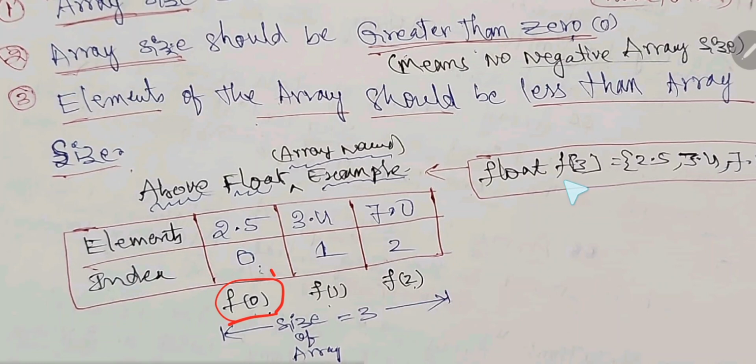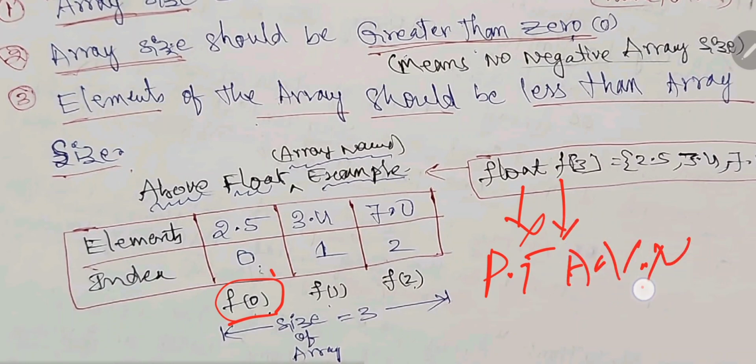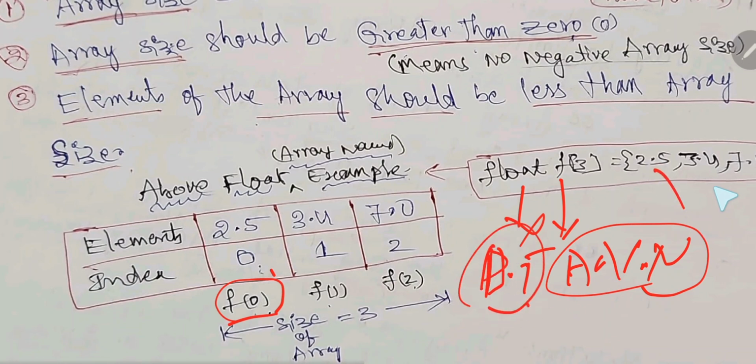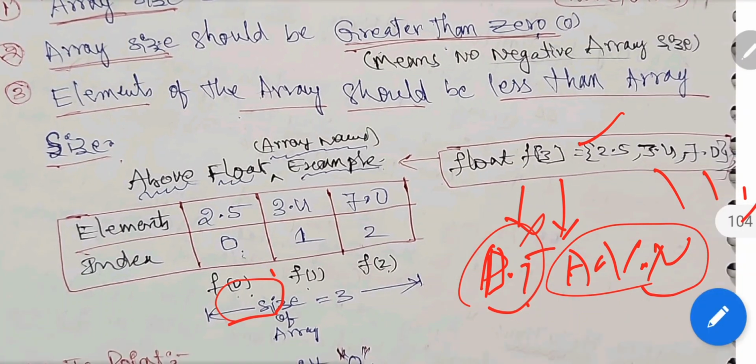So this one, float is data type, f is array variable name, these are values, 3 is the size, semicolon, at the end semicolon. Every statement ends with semicolon.